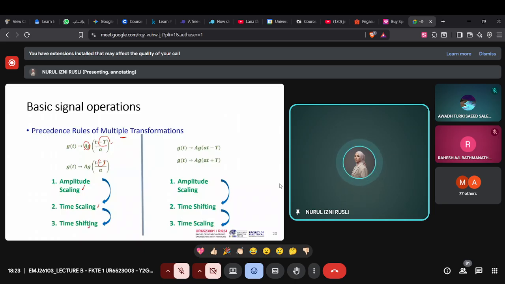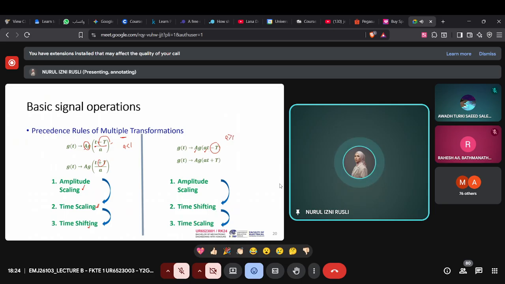Notice that if you have time scaling of A less than 1, you do time scaling first, and afterwards you do time shifting. But it's going to be the opposite for another signal. Let's say you have the amplitude scaling, the time scaling, as well as the time shifting, but in this case the value of A is greater than 1.